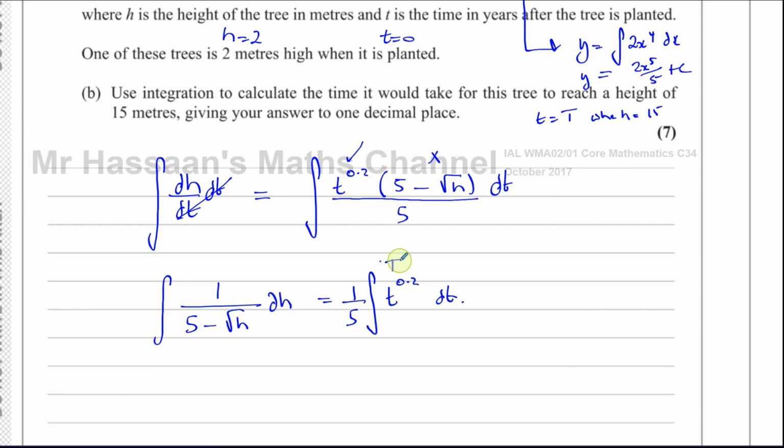So let's call this capital T. At the time when the height is 15, that's the time we have to find. We know initially when it was planted, when time was 0, the height of the tree was 2 meters. Same tree. So if I solve this differential equation now with these limits, I will get my answer.